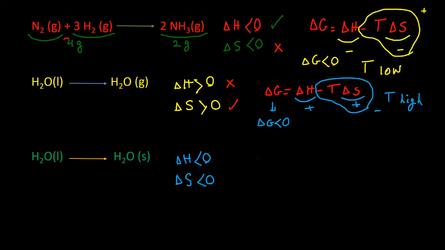Again, one more time, we write delta G, delta H minus T delta S. And this one is negative, this one negative, negative times negative, positive. So for this reaction to be spontaneous, or for delta G to be smaller than 0, this part should be small, so T should be low.